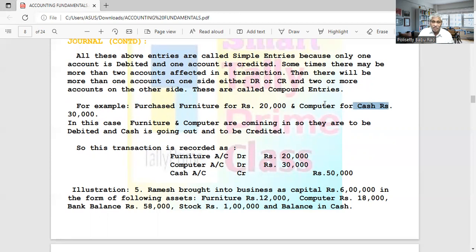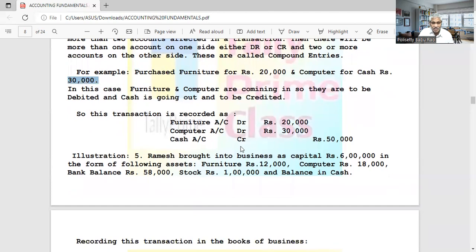Furniture and computer both are coming in, so the furniture account is to be debited and the computer account is also to be debited. Furniture account debit 20,000, computer account debit 30,000, and we are paying cash 50,000. So the cash account is credited, because it is going out, for 50,000 rupees.